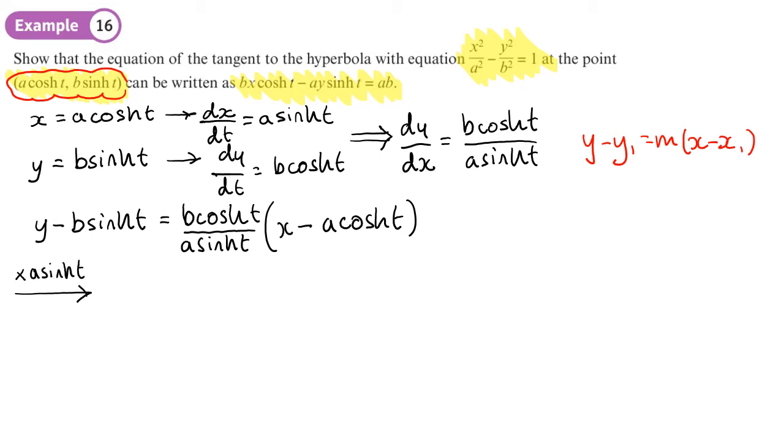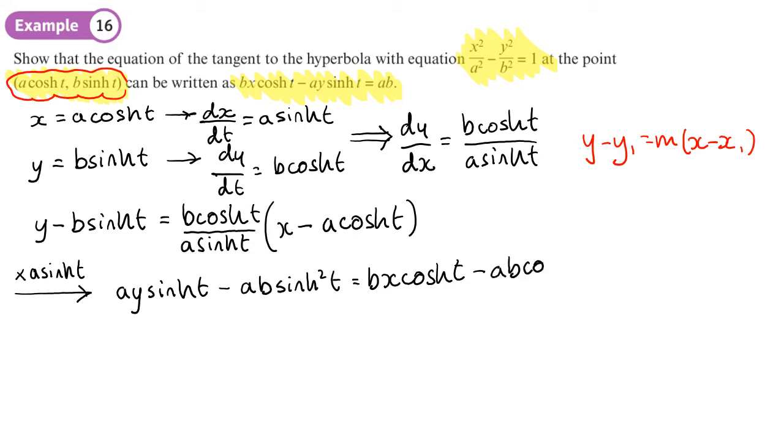So that will give us a y sinh t minus ab sinh squared t equals, and then we'll expand the brackets as well, bx cosh t minus ab cosh squared t.